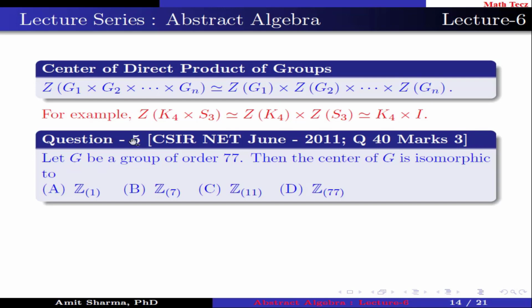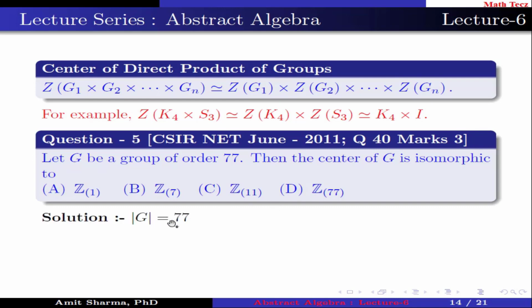Question number 5. This question was asked in the CSIR NET exam in June 2011. Let G be a group of order 77. Then the center of G is isomorphic to option A, Z1, option B, Z7, option C, Z11, option D, Z77.